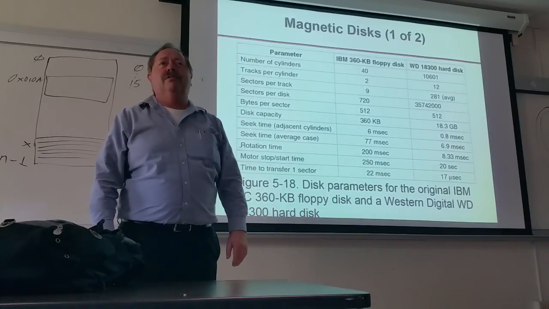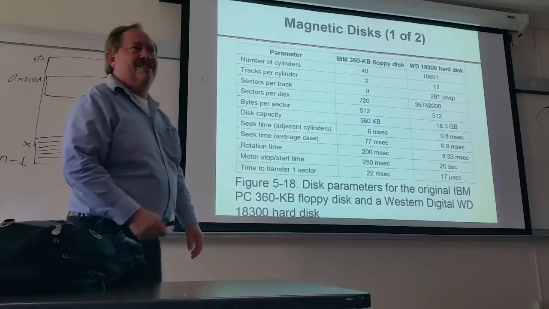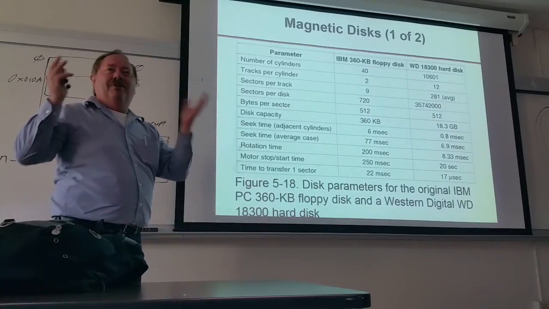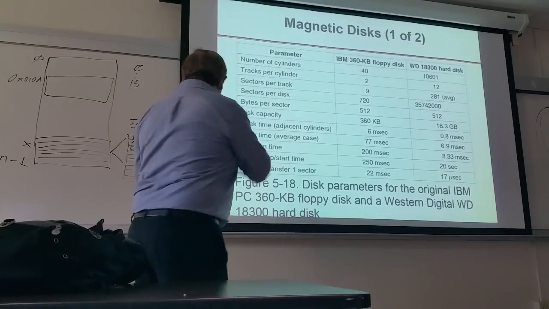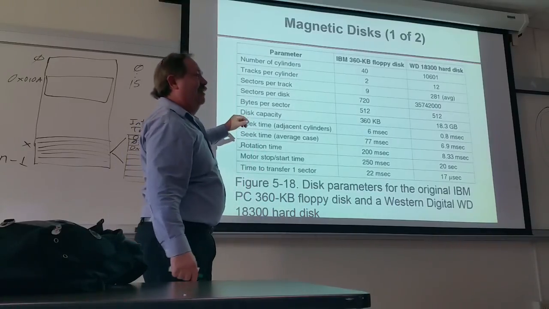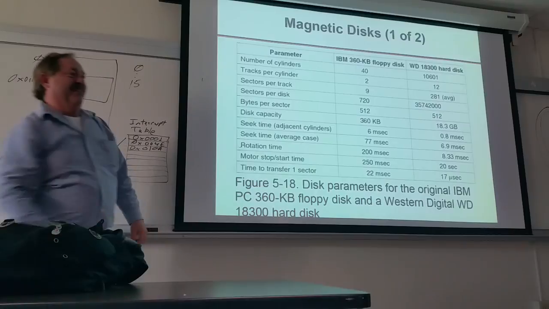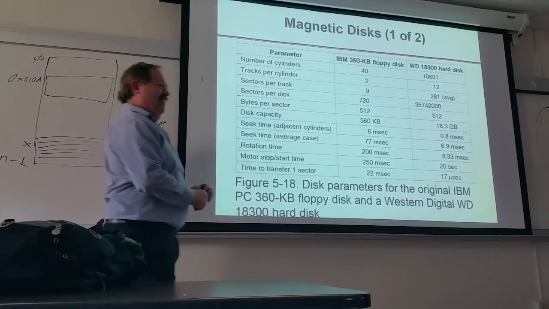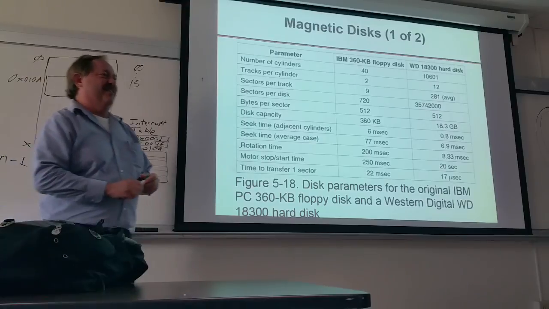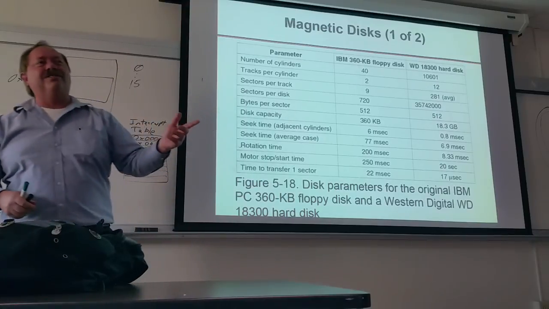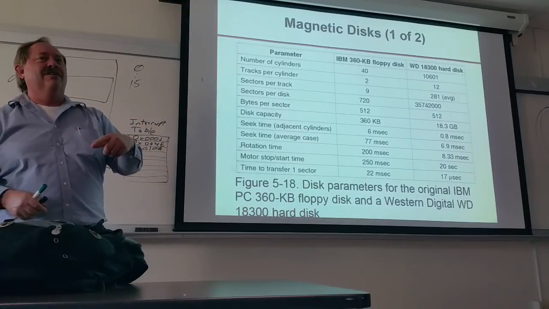Something that most of you probably haven't seen, right? I know some of you have, but I think some of you have probably not even seen one. I guess I should put that in my bag too. 5-inch ones, 8-inch ones. I'm not that old. I'm old enough for the 5 1/4. You remember 5 1/4, some of you remember 3 1/2.